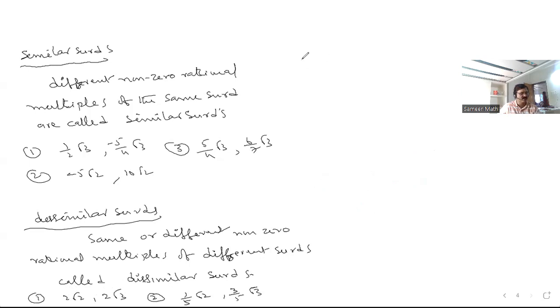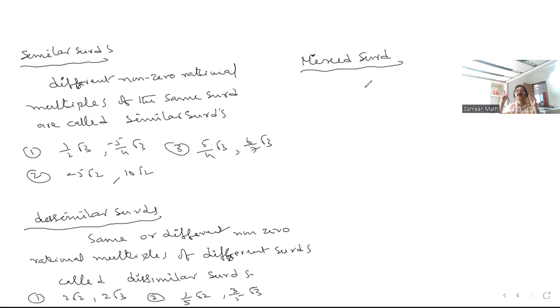Next one, I want to discuss mixed surd. Mixed surd means what? Suppose A is a non-zero rational number.